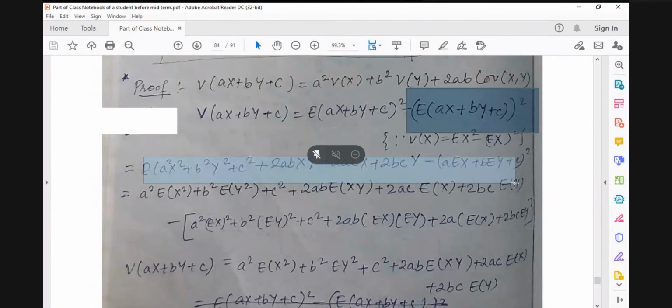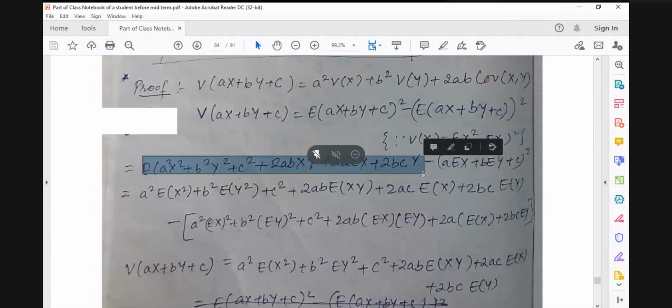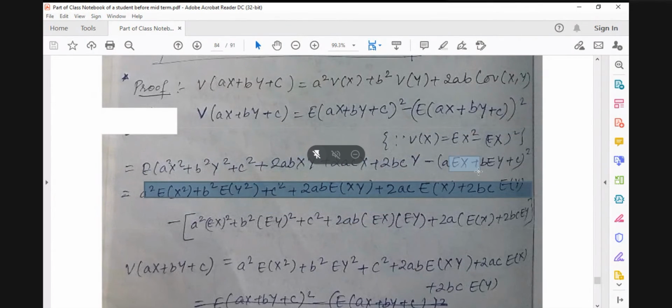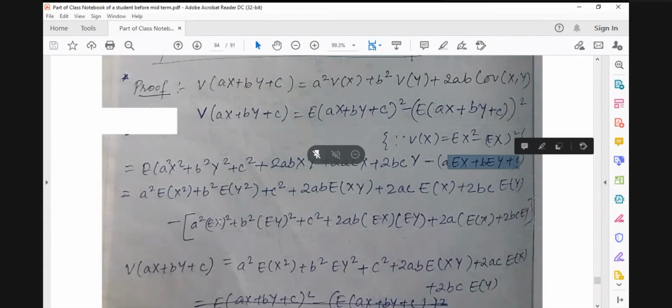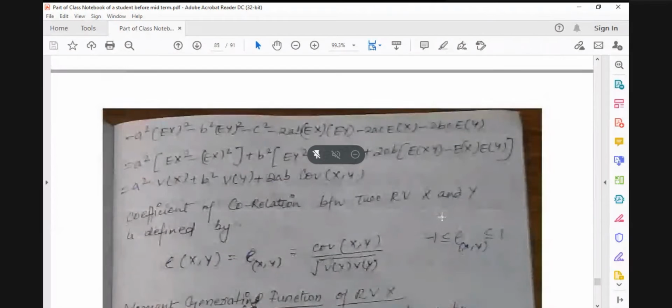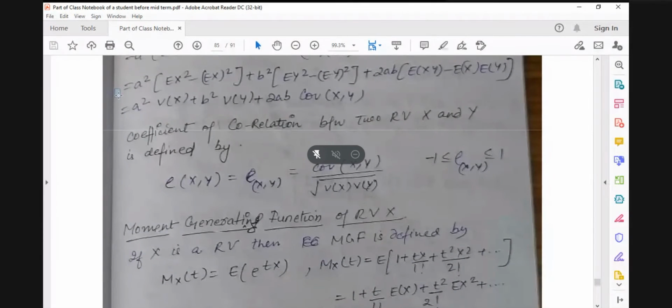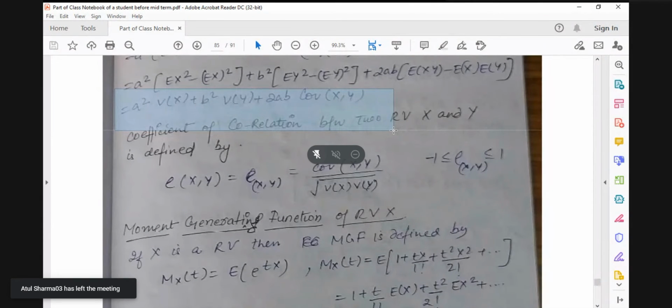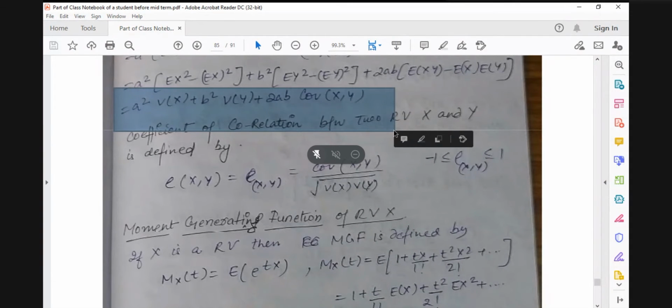We have taken E on each and every term, and then finally after simplification we arrive at this result: variance of ax plus by equals a square variance of x, plus b square variance of y, plus 2ab covariance x comma y.